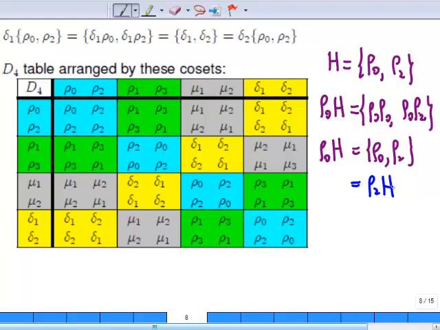Now let's try another coset, an easy one to understand. Rho 1 H is everything in H multiplied by rho 1 on the left side. Rho 0 is rotate 0 degrees, followed by rotate 90 degrees. The end result is the same as rotate 90 degrees.